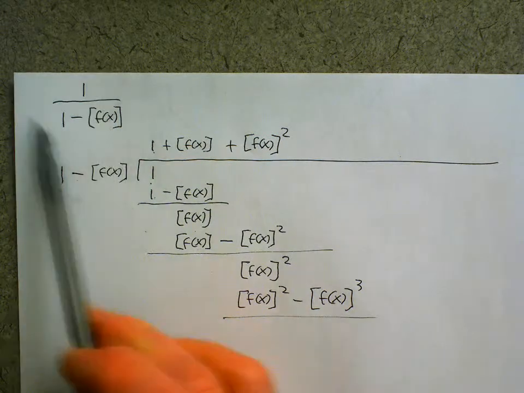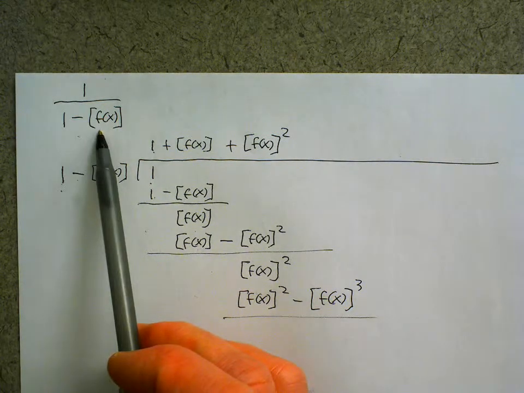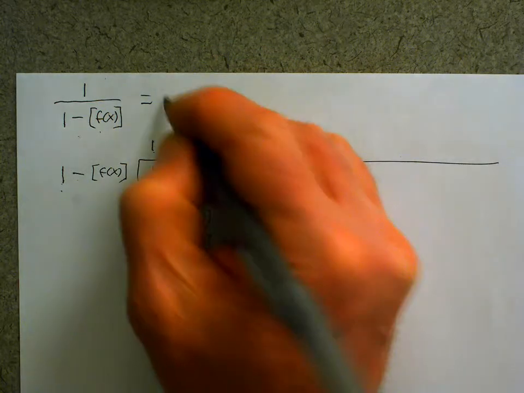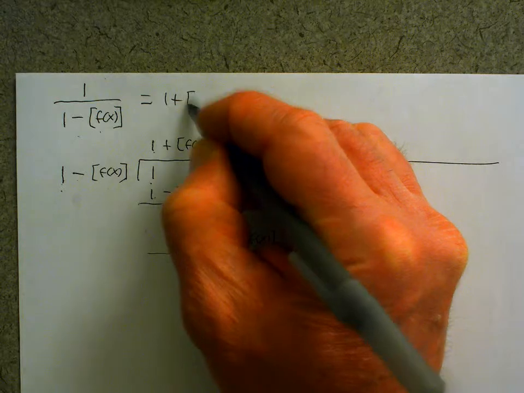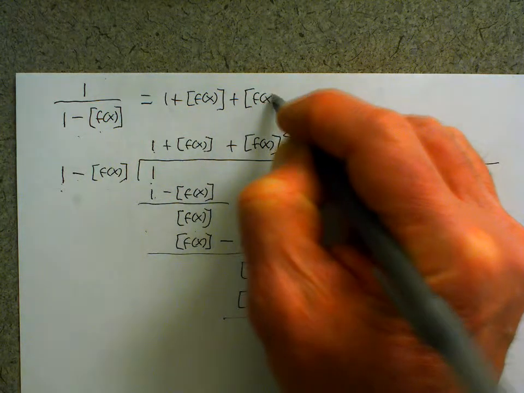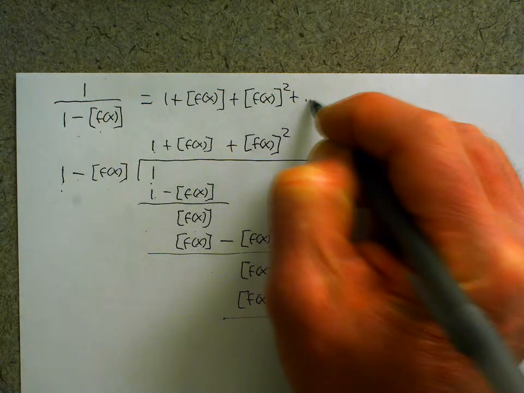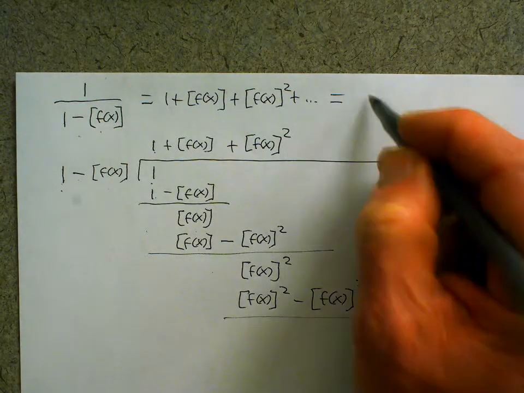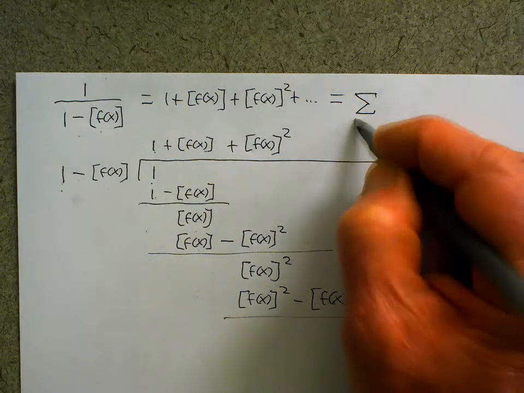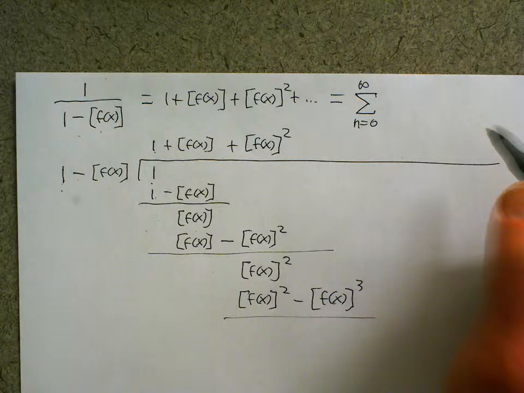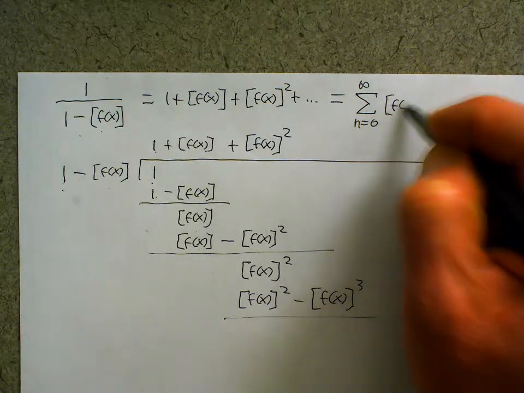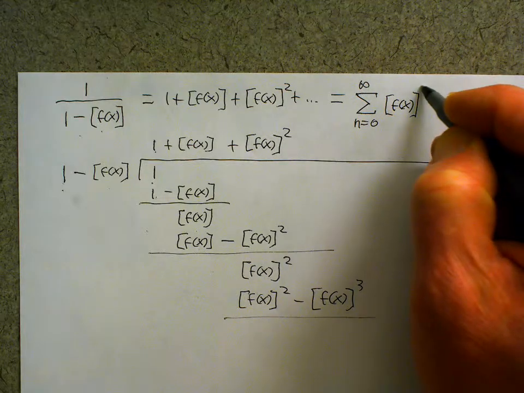So 1 over 1 minus f of x can be written as a series, 1 plus f of x plus f of x squared and so on. And then in sigma notation, we can write it as the sum from n equals 0 to infinity of the function f of x to the n.